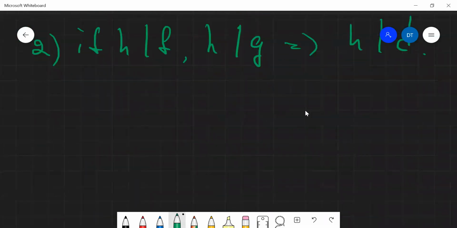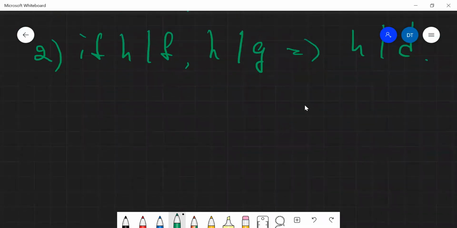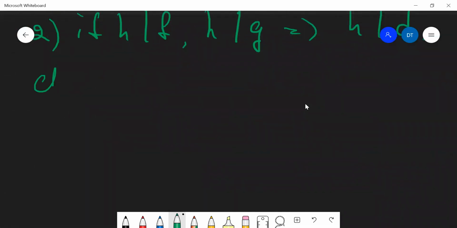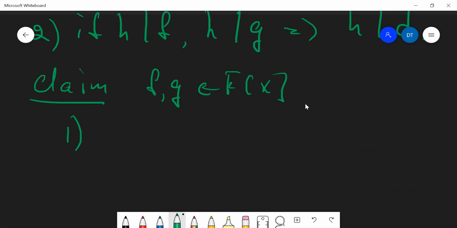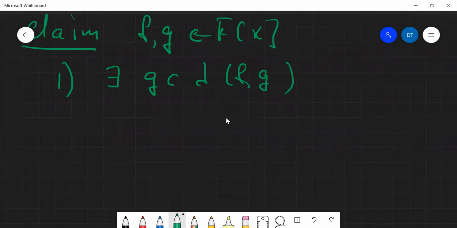So now, what do we know about greatest common divisors? If, again, f and g are two polynomials over a field F, then first, there is always a greatest common divisor for any pair of polynomials. There exists a greatest common divisor for the polynomials f and g. That's the first claim.